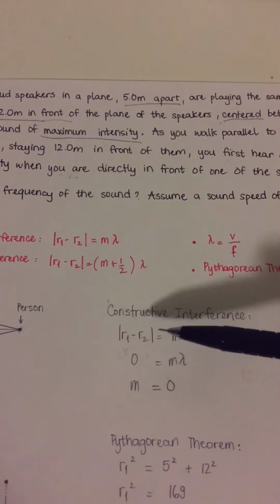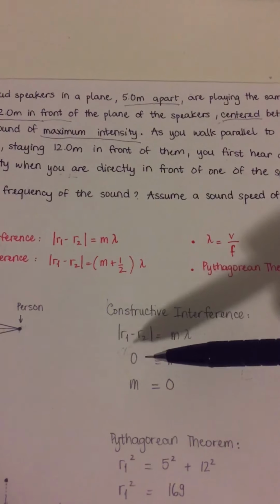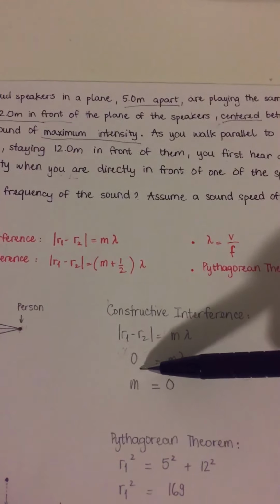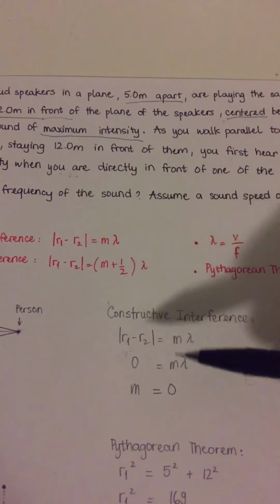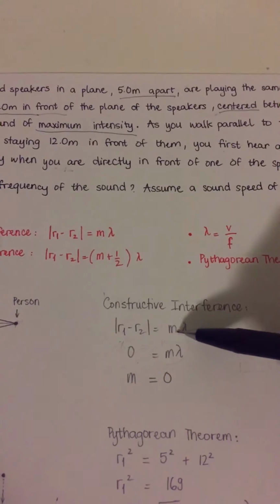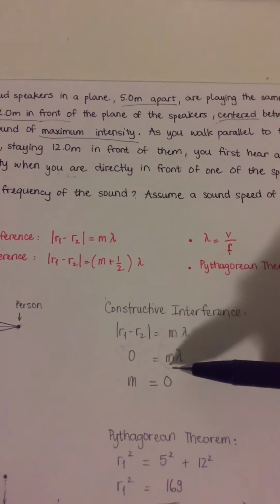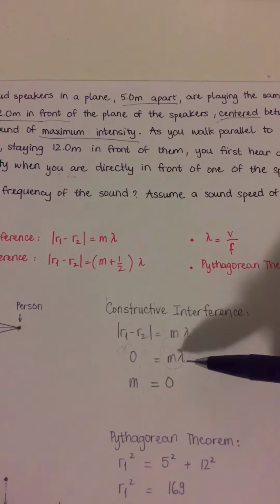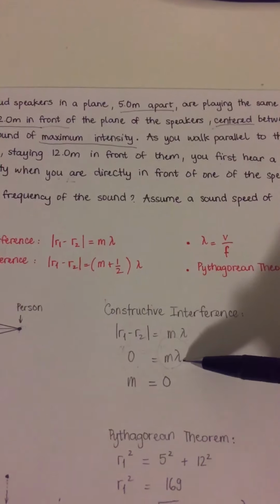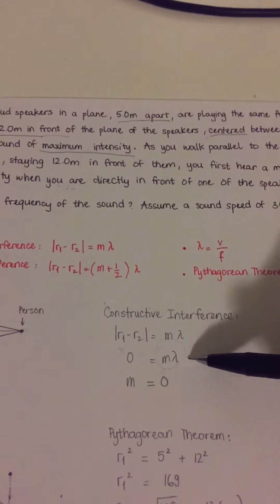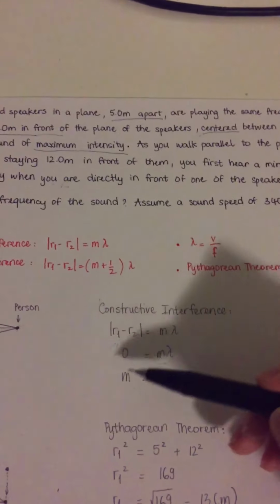Since they are the same, this distance will be 0. In order to make this equation equal 0, and we also know that wavelength is any positive number, m must be 0.